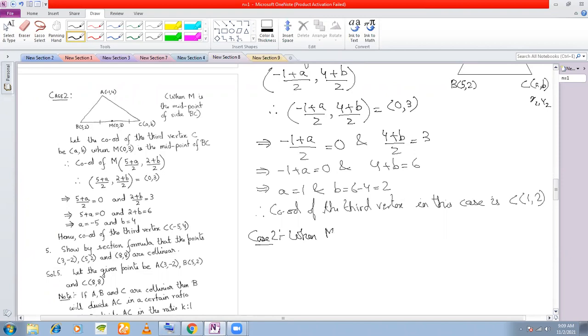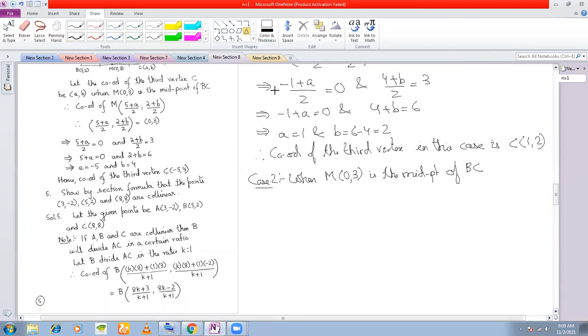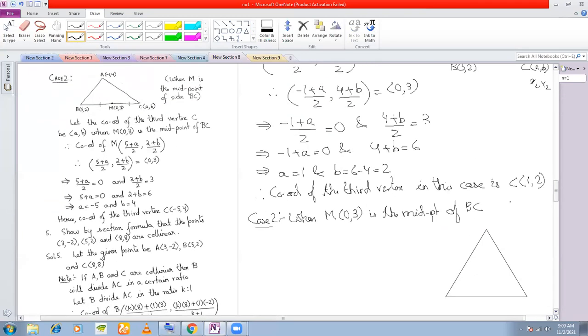When M(0, 3) is the midpoint of BC. Okay, so we draw the figure. Vertex A is given to you as -1, 4. B is given to you as 5, 2.